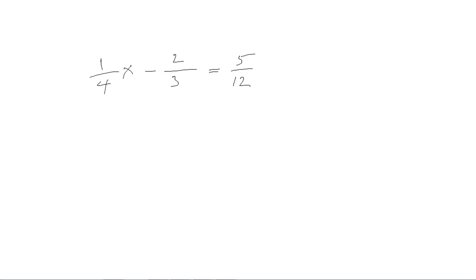Again, I have fractions everywhere. I need to get rid of the denominators, so I need to find the least common denominator between 4, 3, and 12. And the least common denominator between 4, 3, and 12 is 12. So I multiply both sides of this equation by 12.